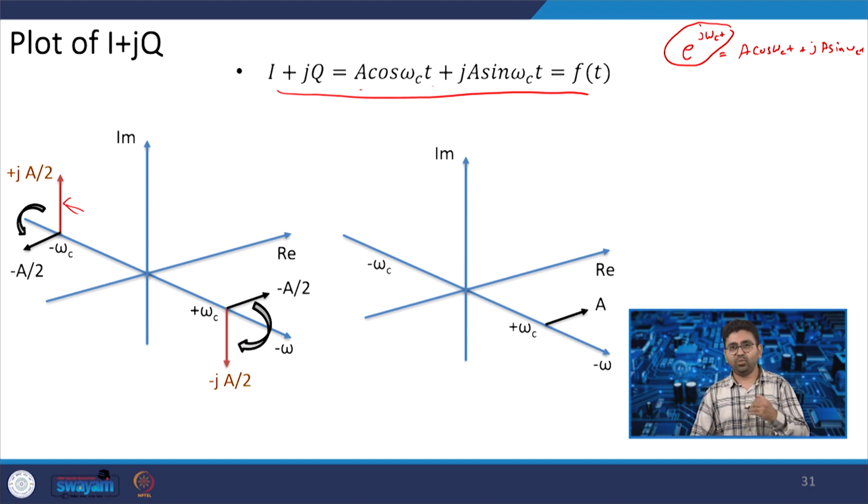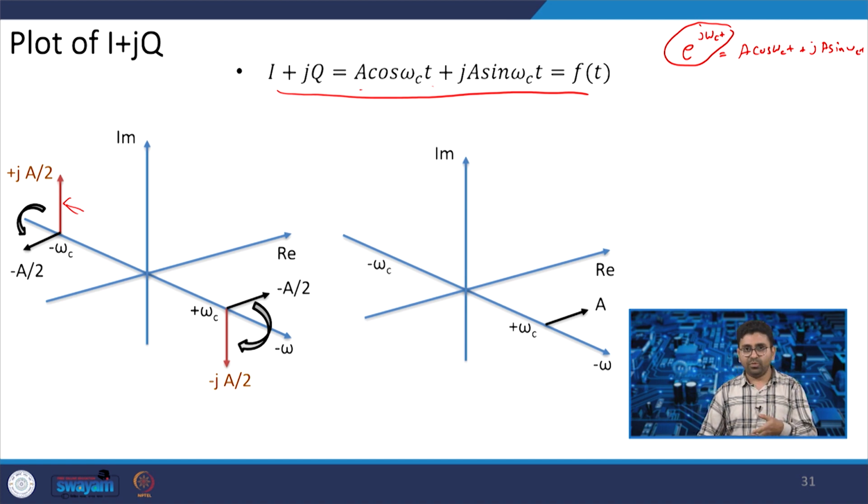When we try to down convert, we multiply with cos omega c t and the quadrature component, and then we add those two. So, this is how we transfer the single tone on the air.